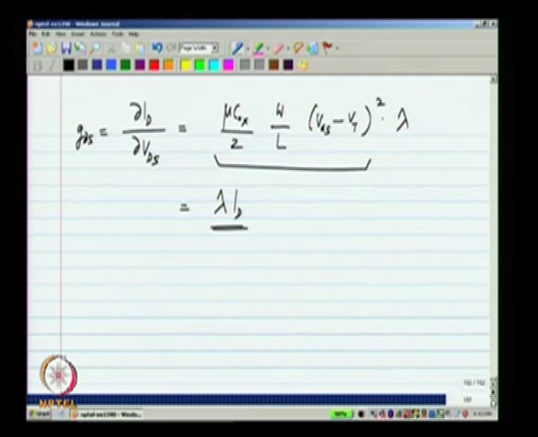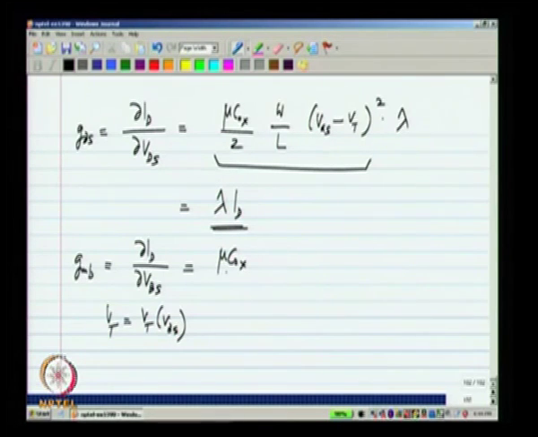And finally, GMB is dou ID by dou VBS. Now, VBS is not explicitly apparent in the expression, but we know that Vt is a function of VBS.